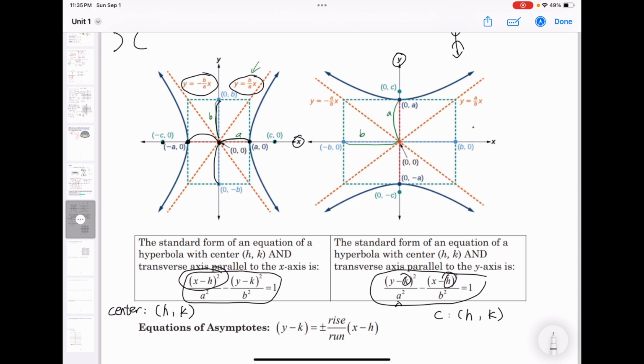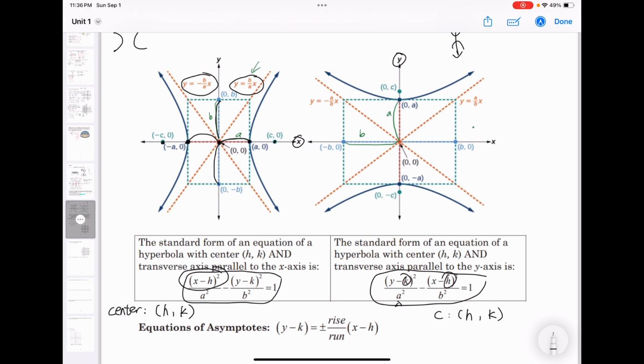And if we know that the transverse axis is parallel to the y-axis, then to find our vertices, we go up and down a unit. To find the foci, we go up and down c unit. To find the co-vertices, we go to the left and right b unit. So we can find the important information.